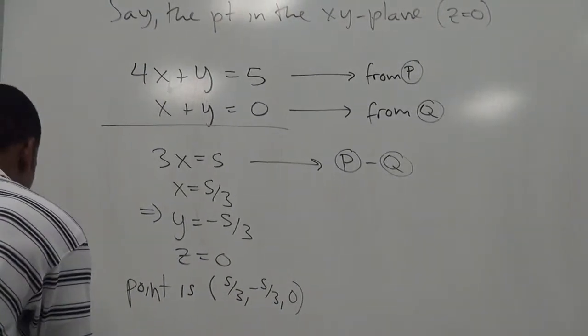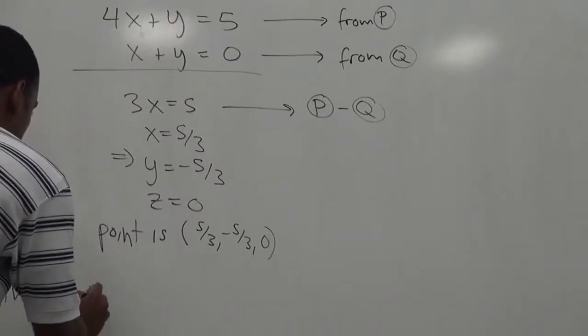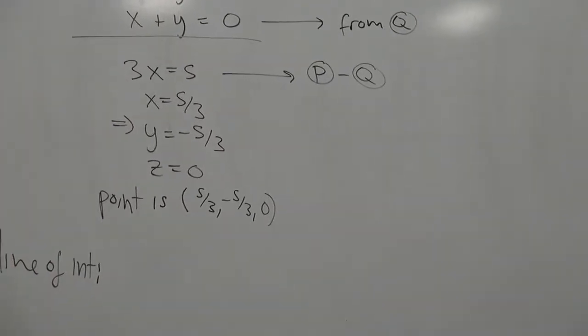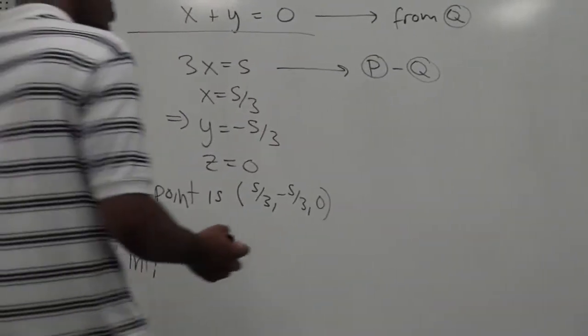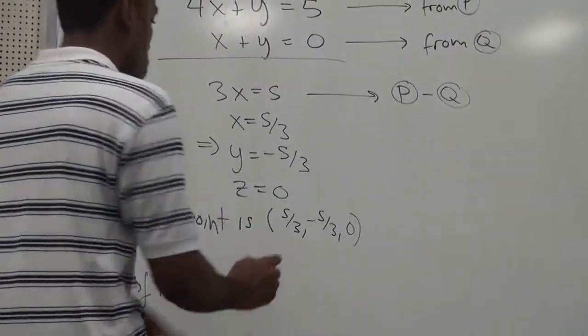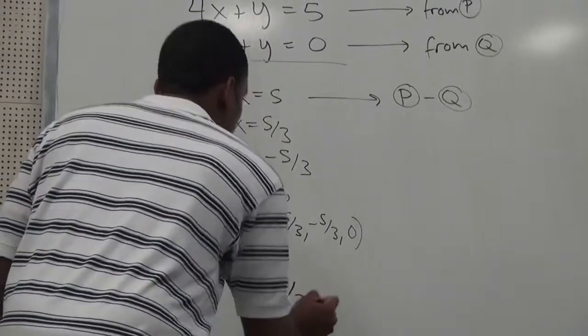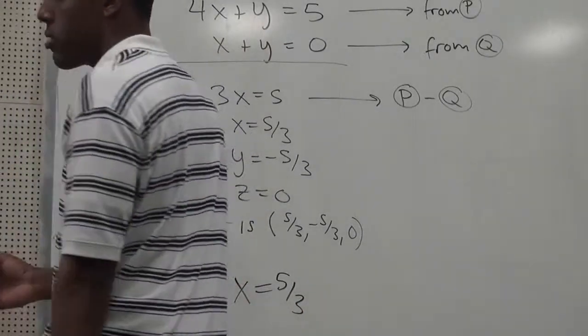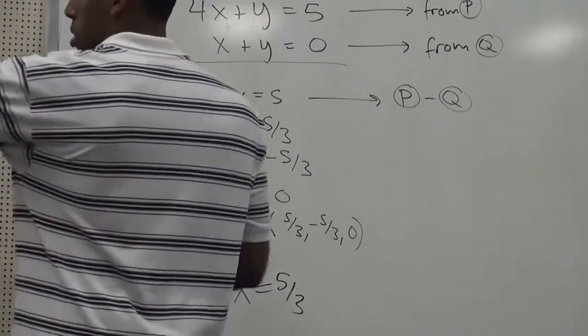So the line of intersection. And they said to parameterize it, right? So x would be this point plus, what's the direction of our line? 1t.